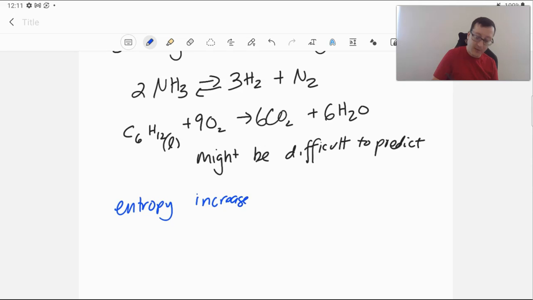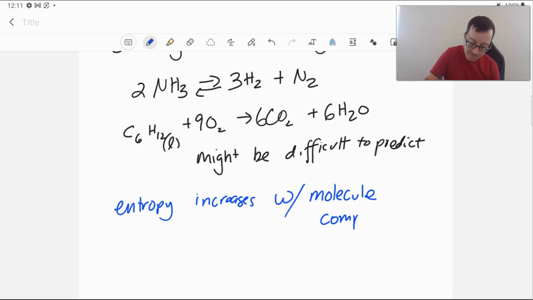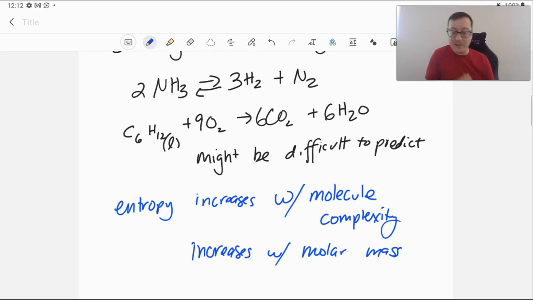And also with molar mass, because molar mass, as we know, means more electrons. More electrons means more ways of distributing those electrons. We saw the London dispersion forces as electrons decide to zip all over the place. Those are microstates. So entropy increases with molecular complexity, and it also increases with molar mass. So it becomes a little bit difficult to predict when we're going from a particularly complex molecule to simpler molecules.